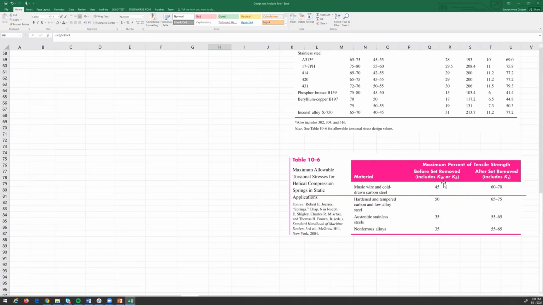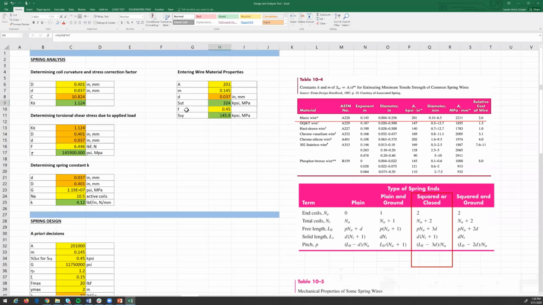So this is essentially how we relate the ultimate tensile strength to the maximum allowable torsional stress. For music wire, we don't have anything about the spring being preset, so 45%. So that's what this little F is, 0.45. So the torsional yield strength of this wire is 145.9 kpsi.